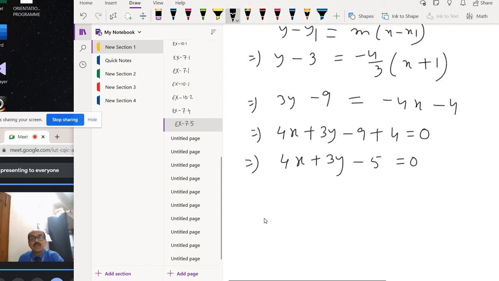Now this equation and the given equation, we can use the substitution method or the elimination method, any method.